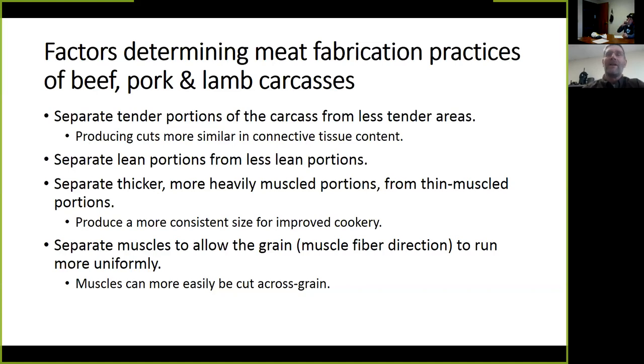In fact, in the United States, over 50% of the beef that's consumed is actually ground beef. Then another reason is that we separate the thicker, more heavily muscled portions from the thin muscled portions. This gives us a more consistent size for improved cookery.